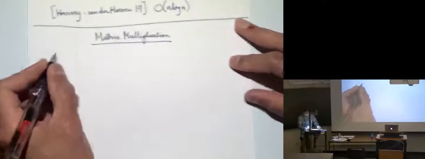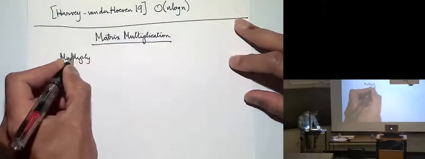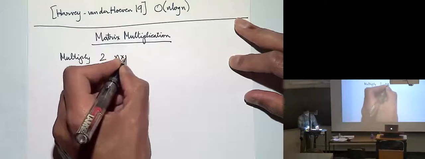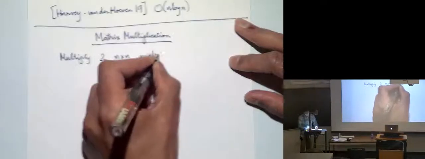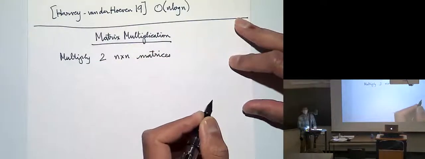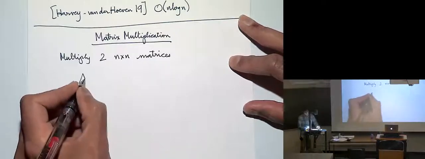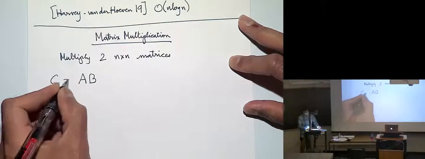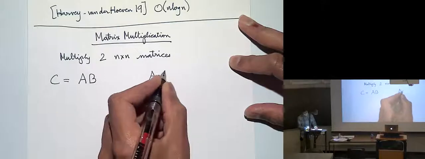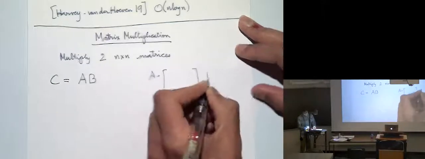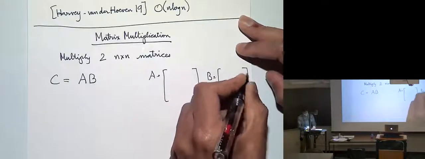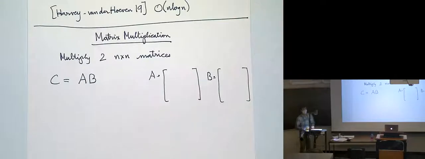So you want to multiply, let's just say, two n cross n matrices. You compute C equals A times B. So here's A, here's B. Is it dot multiplication?